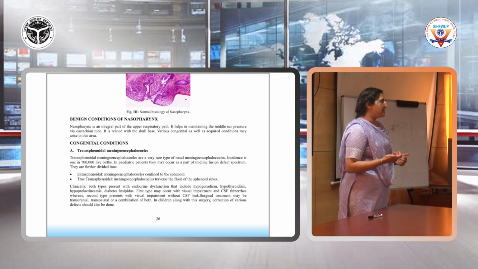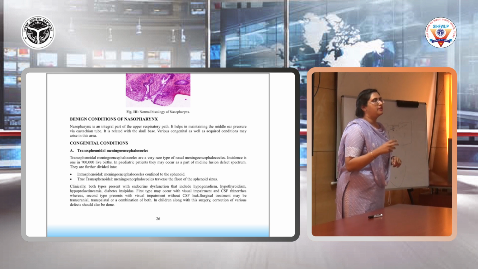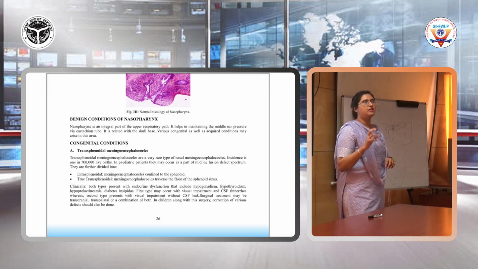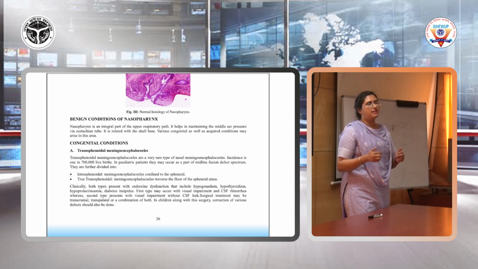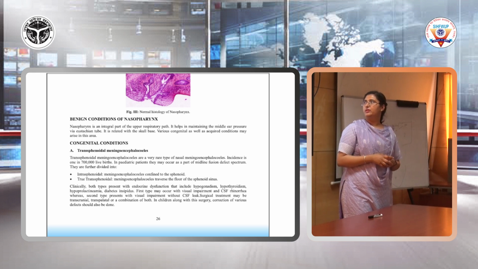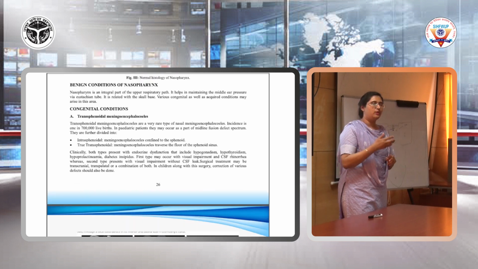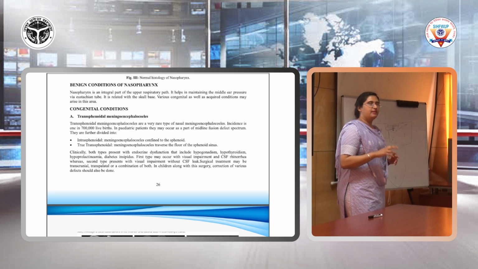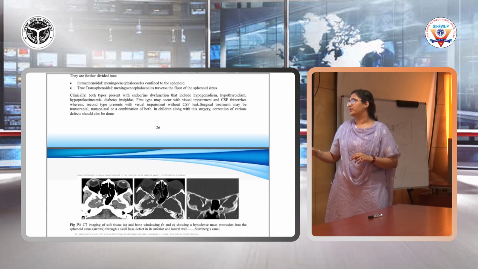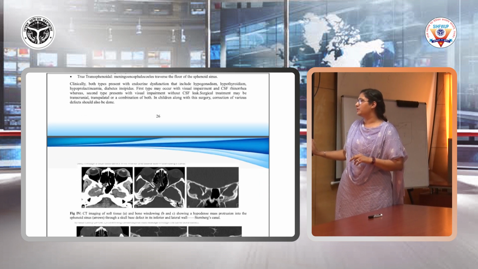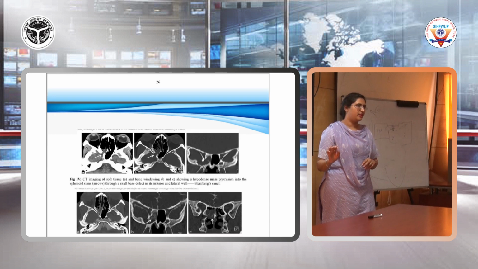Intrasphenoidal, as the name suggests, is where the meninges and brain matter herniate and are present only in the sphenoid sinus. In true transsphenoidal, the meningoencephalocele traverses the floor of the sphenoid sinus. The most common presentation is CSF rhinorrhea.